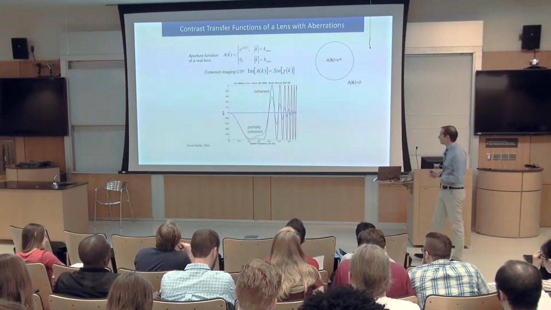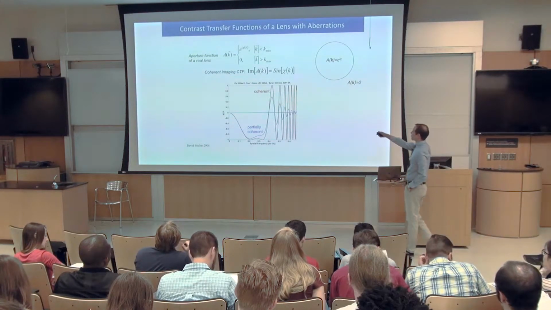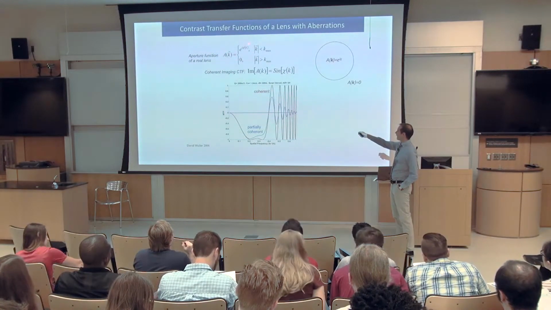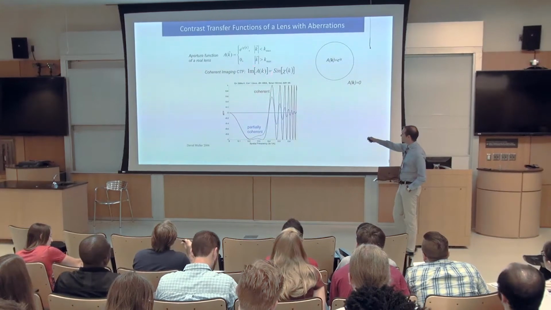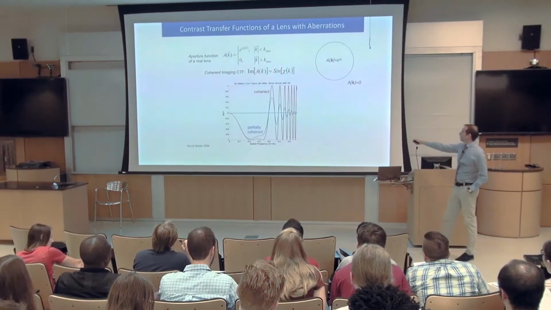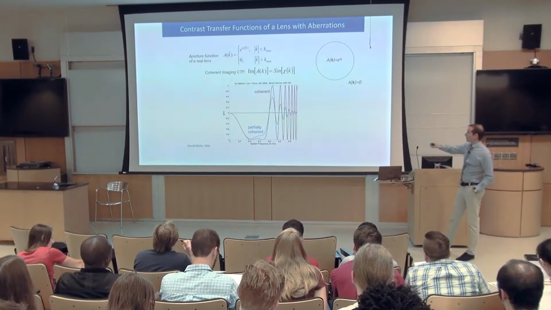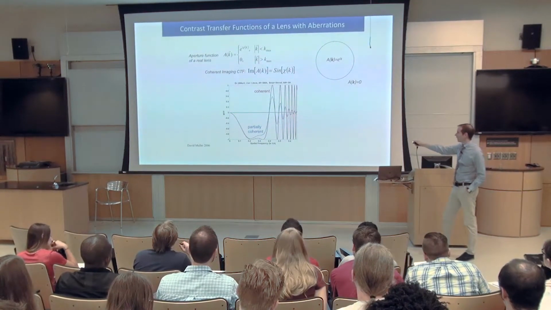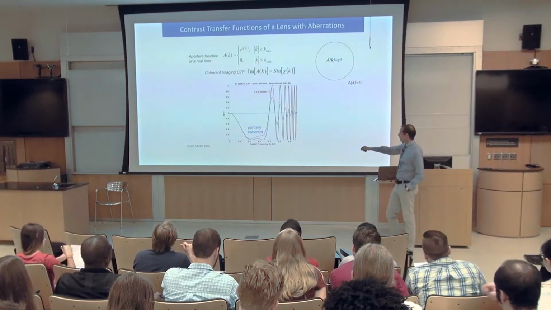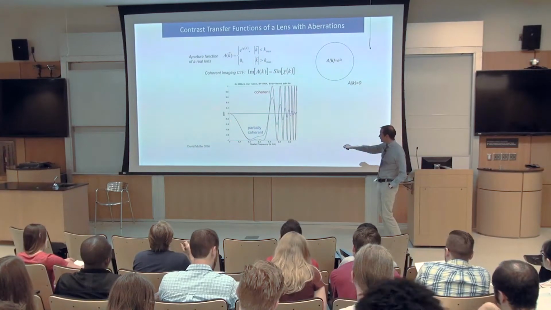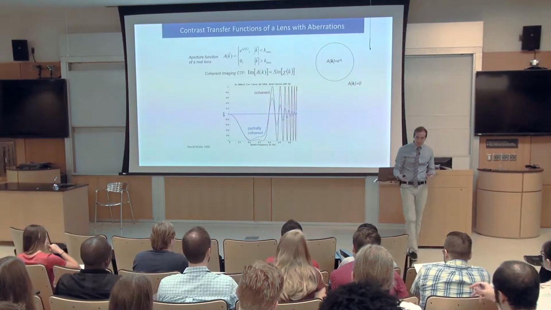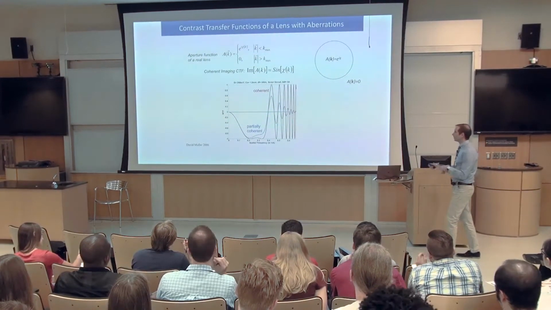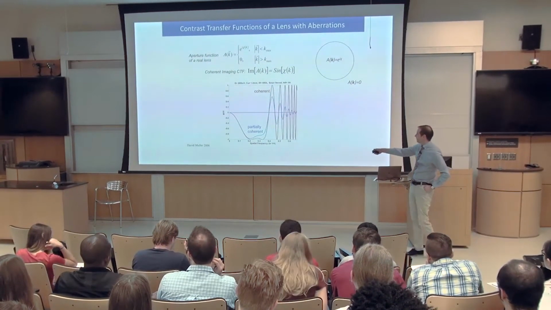So the contrast transfer function for this A of k is the imaginary term, which now includes this phase term. So it ends up being sine of chi of k. A sine function is quite a messy function to interpret in terms of how information is transferred using this CTF.